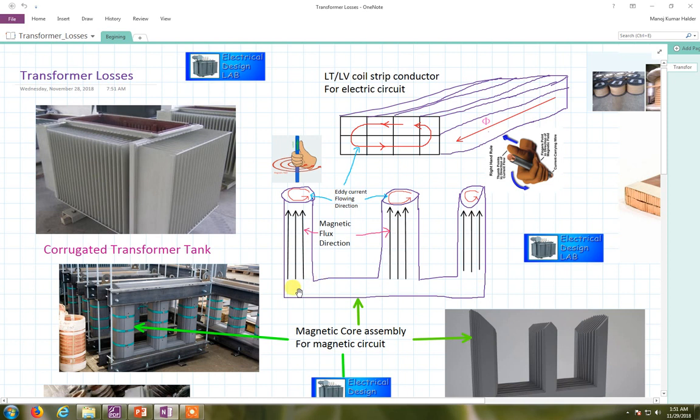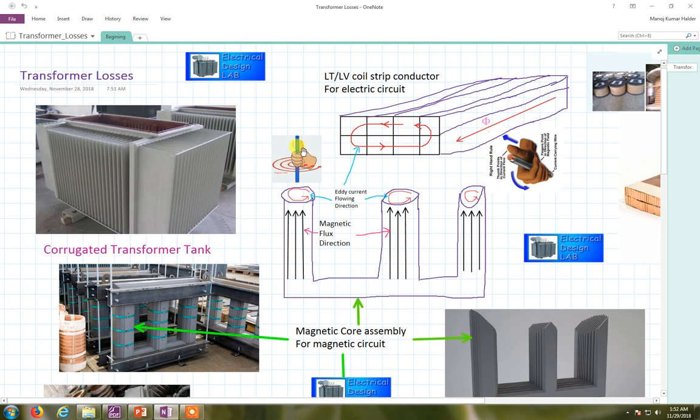This is the magnetic circuit. You can imagine the core consists of very small particles, and this flux will be cut by these particles, and because of that it induces some voltage, and current will try to conduct in this direction according to the right hand rule.